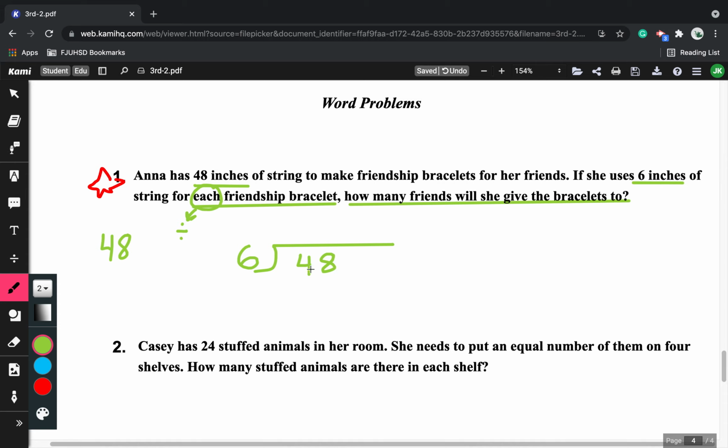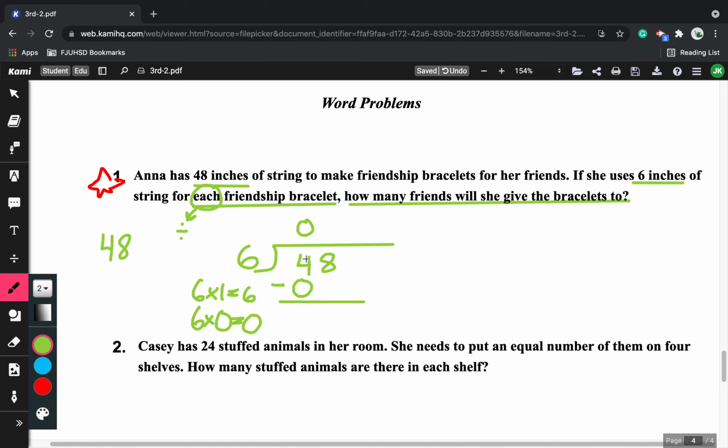Since 6 is greater than 4, and 6 times 1 equals 6, and that's way out of the limit, the closest multiple of 6 that is smaller than 4 is 0. So 6 times 0 is 0.